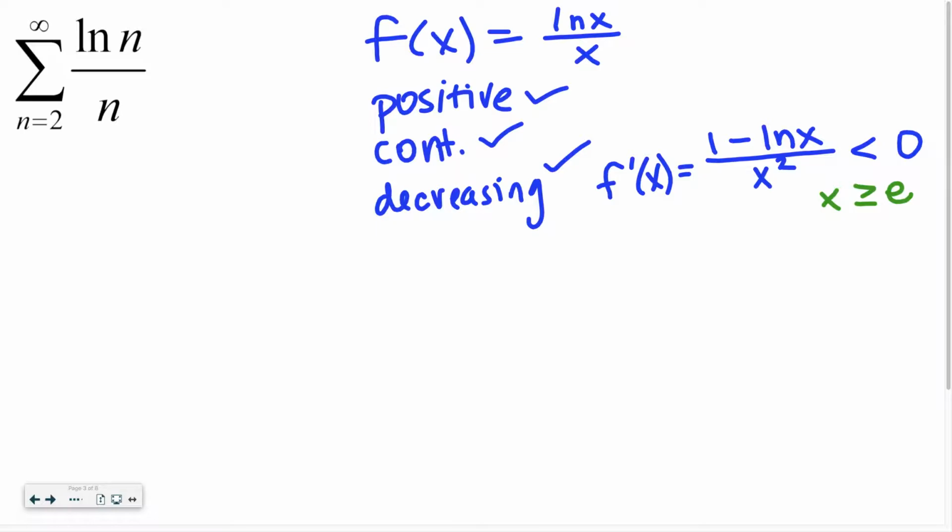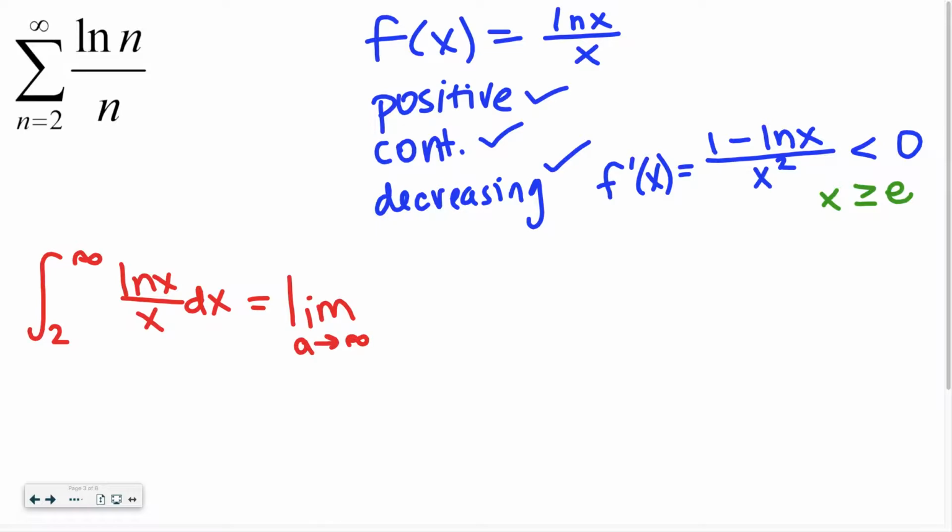Okay. So now we get to have our fun with the integral from 2 to infinity of the natural log of x over x dx. How are we going to do the antiderivative here? Isn't it just the natural log of x squared?